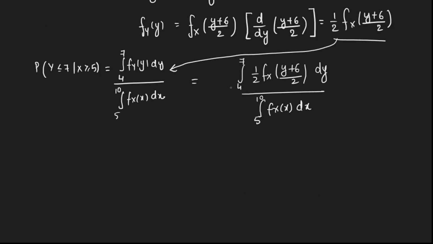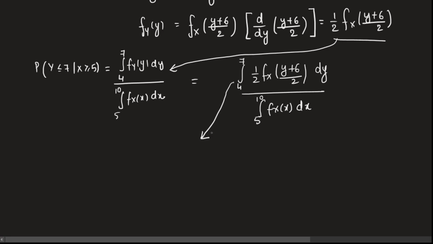Now we need to make a substitution in the numerator of this expression. We can write y as 2x minus 6. Then dy can be written as 2 times dx.